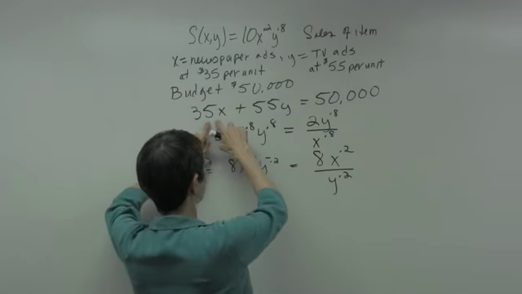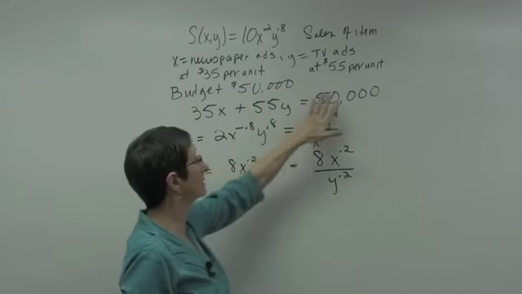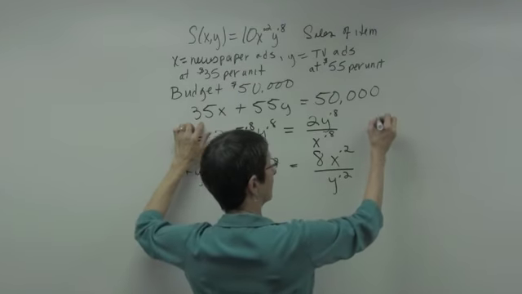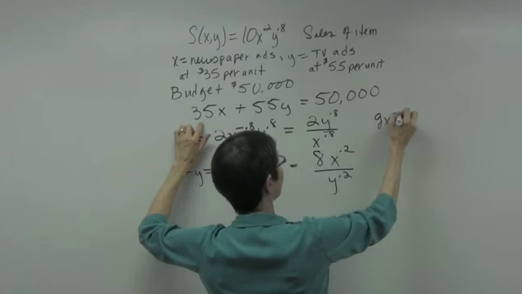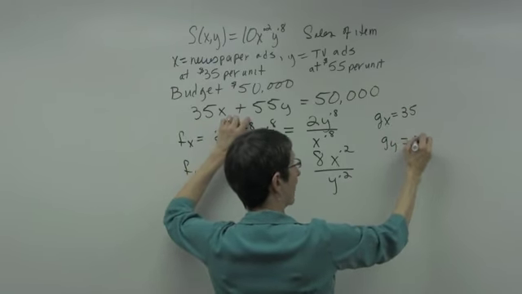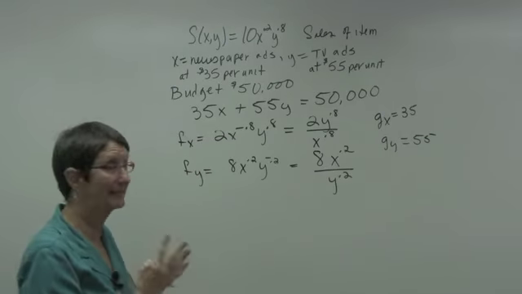I need my partials of g. G of x, y is the constraint function. To set it equal to 0, I'd move the 50,000 back over to this side and subtract. My partial of g with respect to x is 35. My partial of g with respect to y is 55. And I need to combine these.